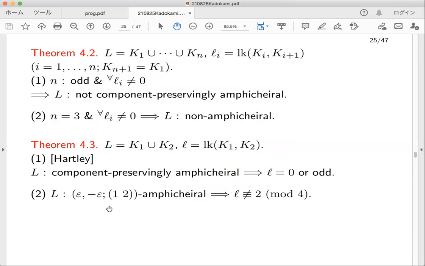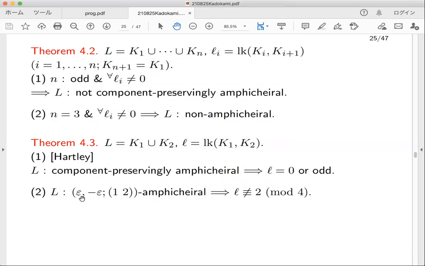The second: if L is epsilon, minus epsilon, and the transposition between 1 and 2 amphicheiral, then l is not equal to 2 modulo 4.